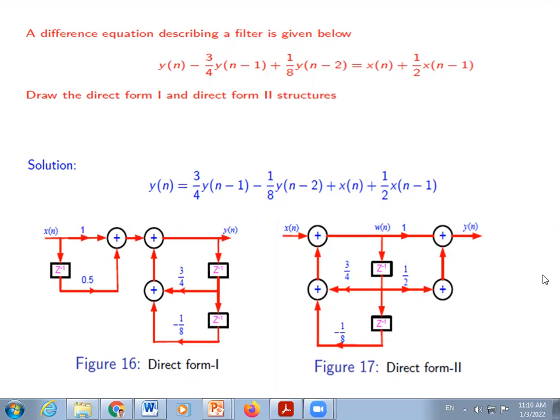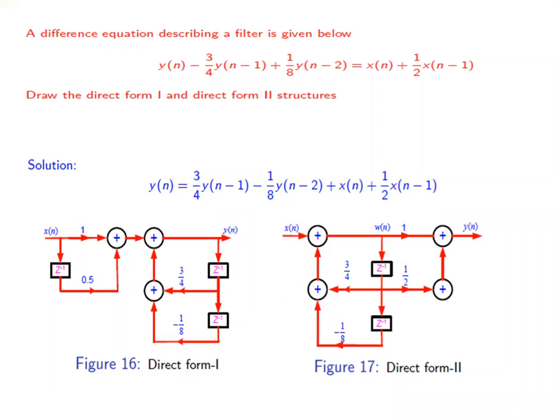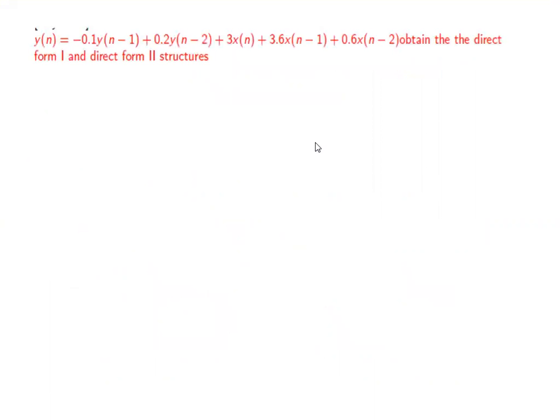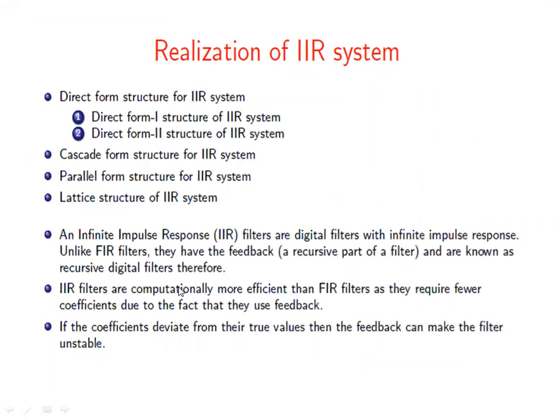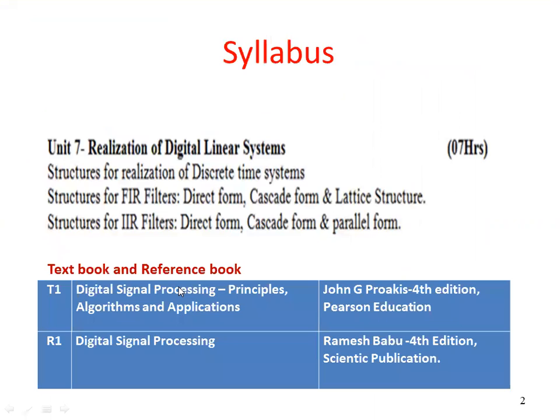In yesterday's lecture, we discussed the types of realization structures, that is, the FIR structure and the IIR structure. In that, again, we have separate types. The IIR structure has direct form 1, direct form 2, and cascade form structure, and the FIR structure has different types like direct form, cascade form, and lattice structure.